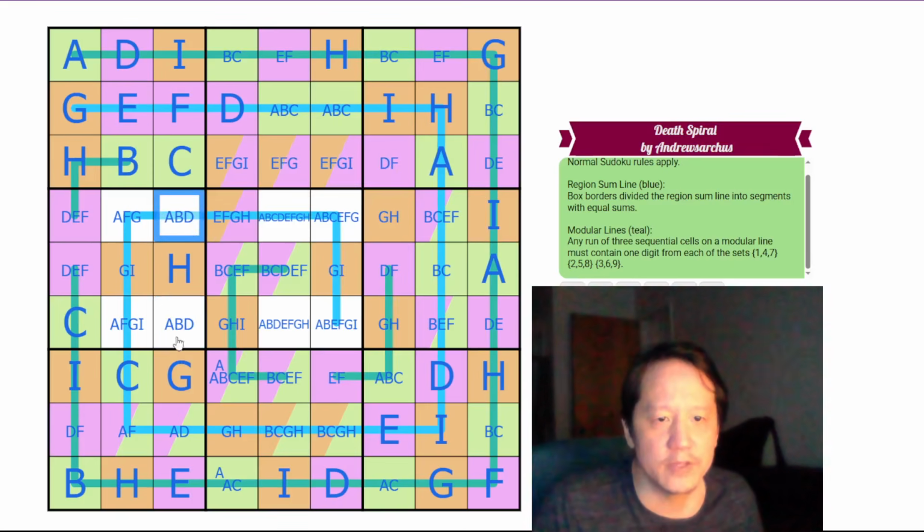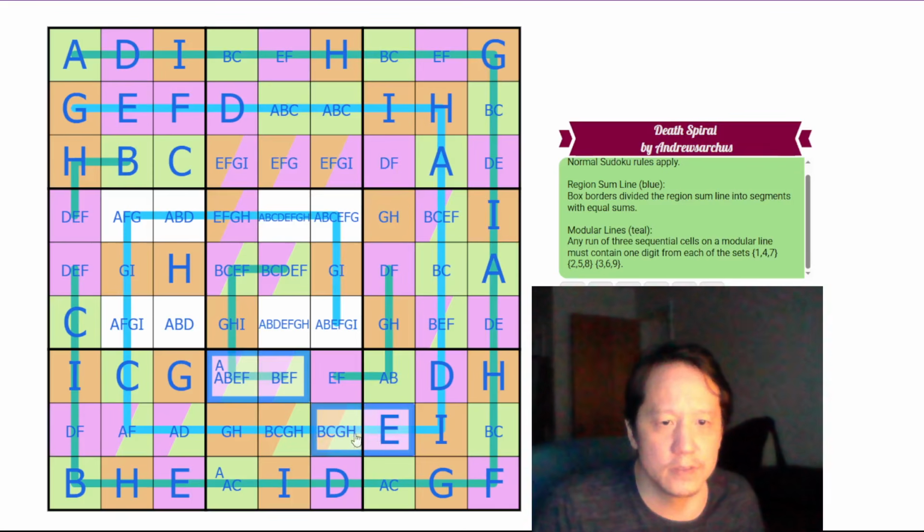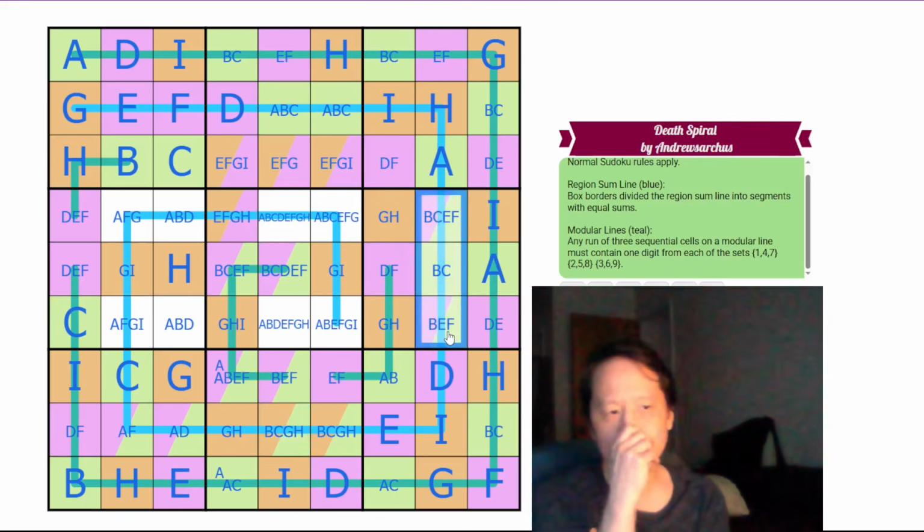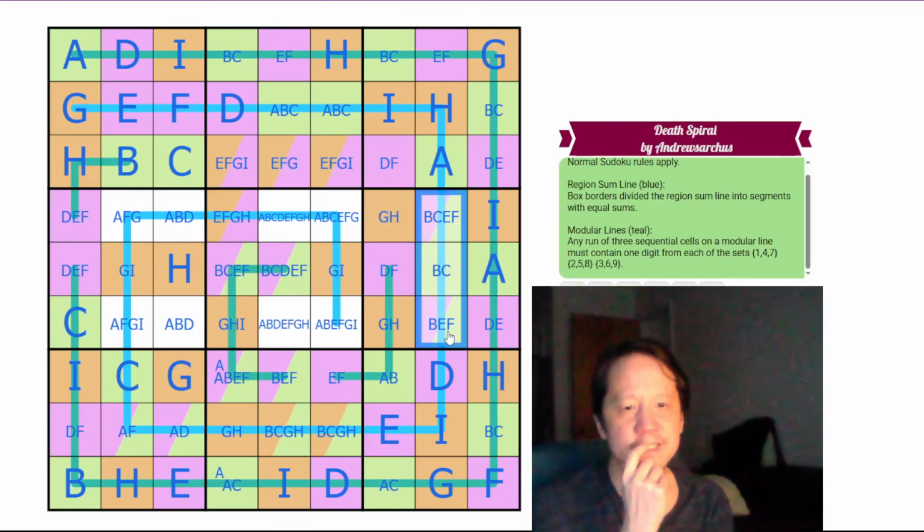E cannot be either of these. So B is one of these two. Interesting. So I don't think that changes very much. This can't be C, this can't be C. So we still don't know if this is B, C, and F or B, C, and E. So that still hasn't changed.